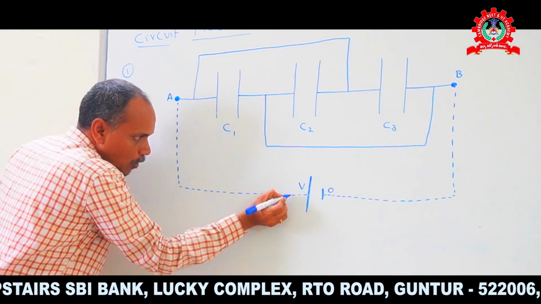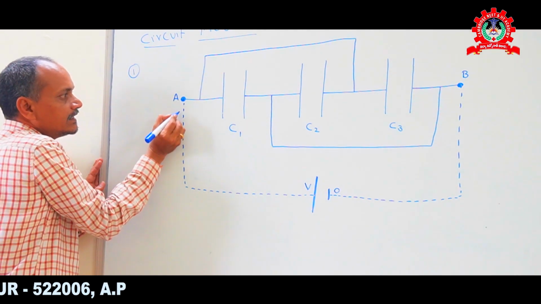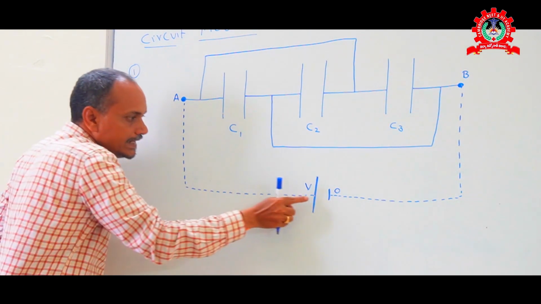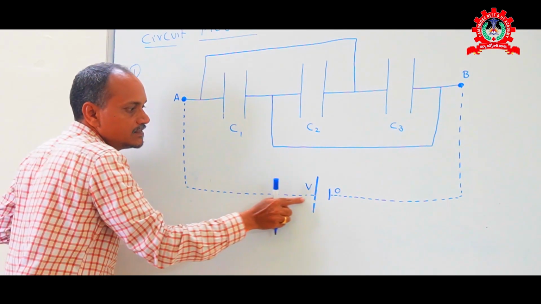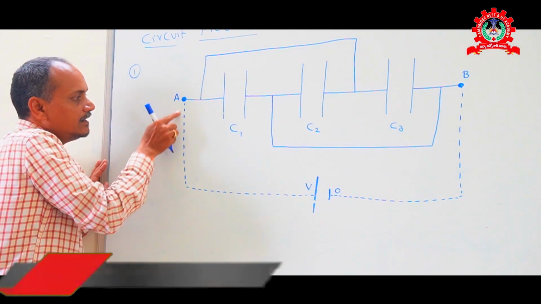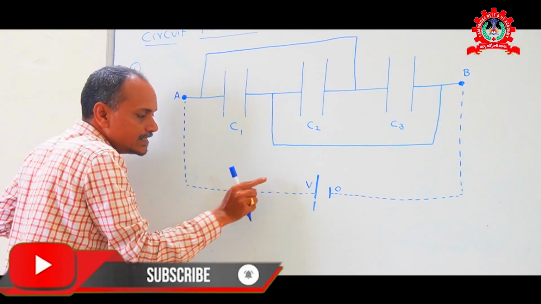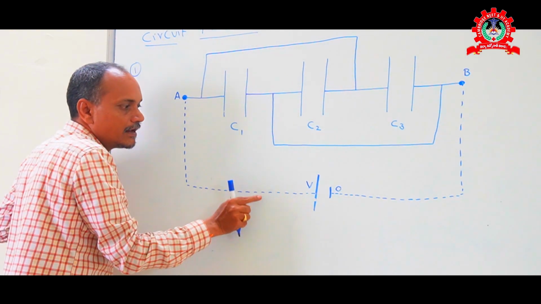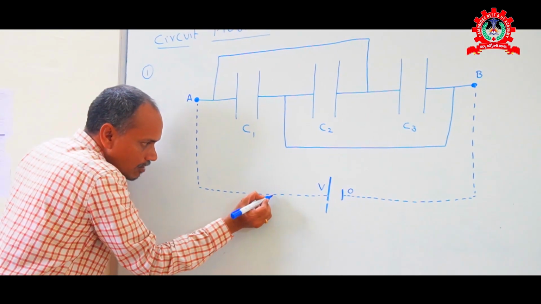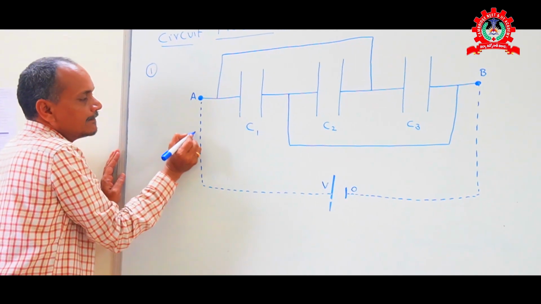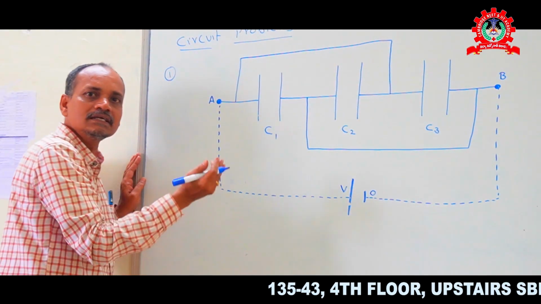As we move from this point, this is a conducting wire. In this conducting wire there is no resistor, no capacitor, no inductor, so at each and every point the potential remains the same.